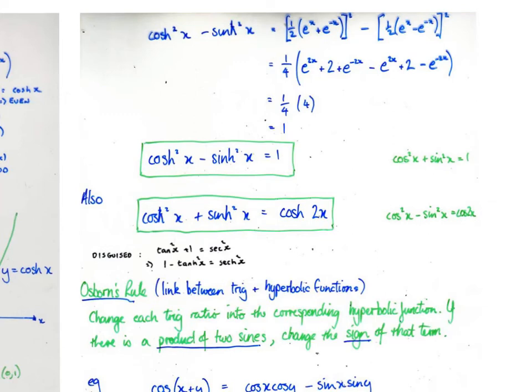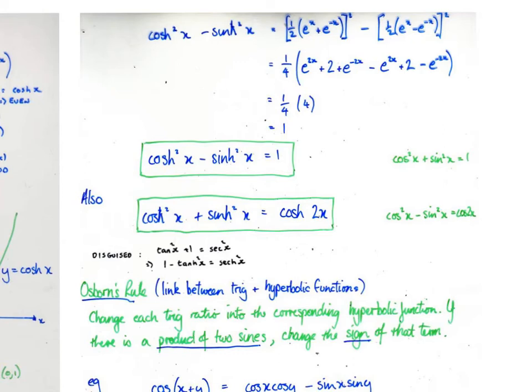Now the second one you could also show and maybe take this to one side and prove it to yourself. Cos squared x plus sine squared x. And when you work through that, you find that's equal to cos 2x. Now again, if we had the trigonometric equivalent, it would be cos squared x minus sine squared x is cos 2x.